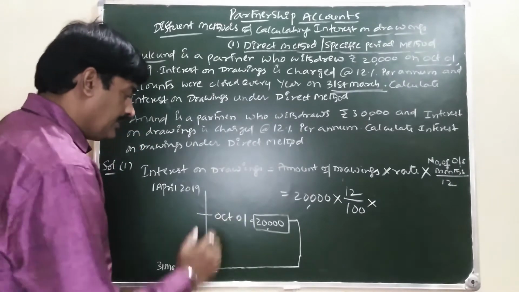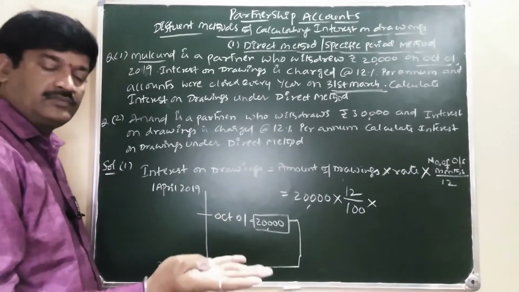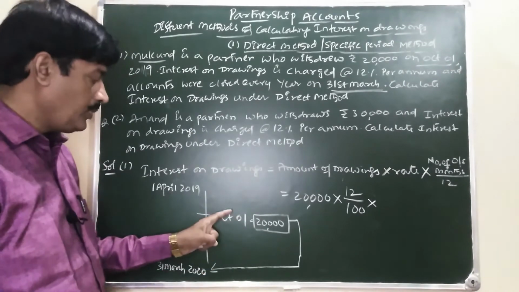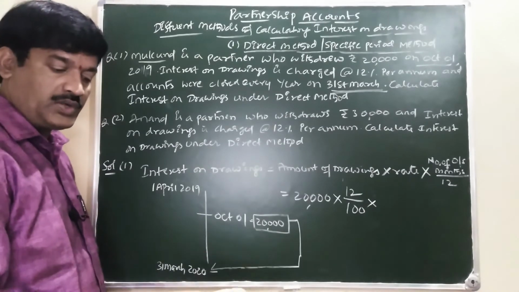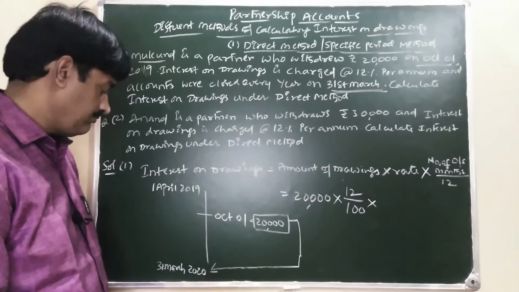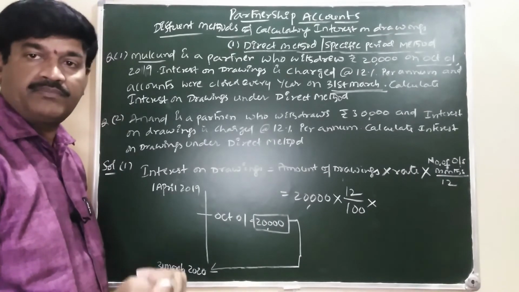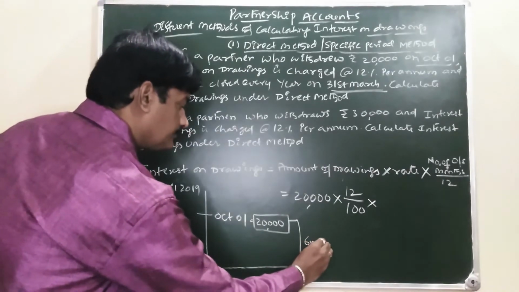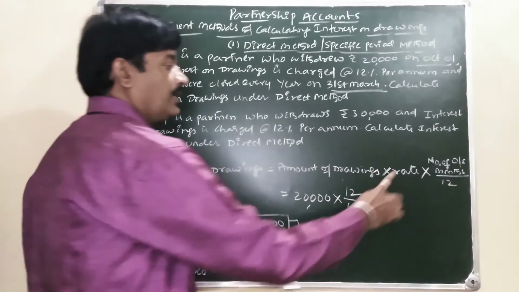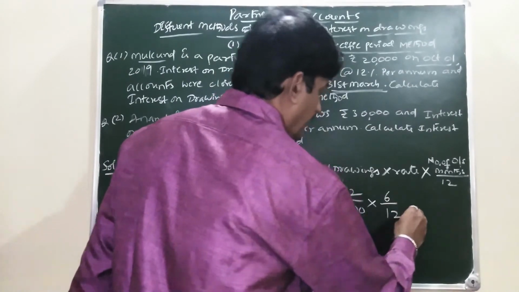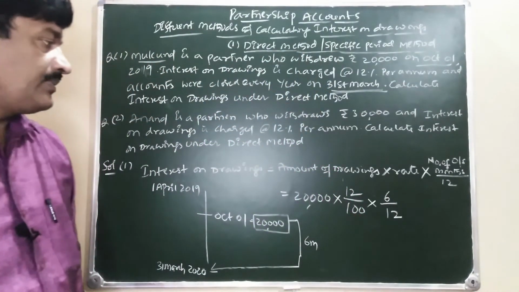Now count it. October 1st is there, so the total October month is countable. October, November, December, January, February, March. Total 6 months. So number of outstanding months is 6, divided by what? Divided by 12 months.